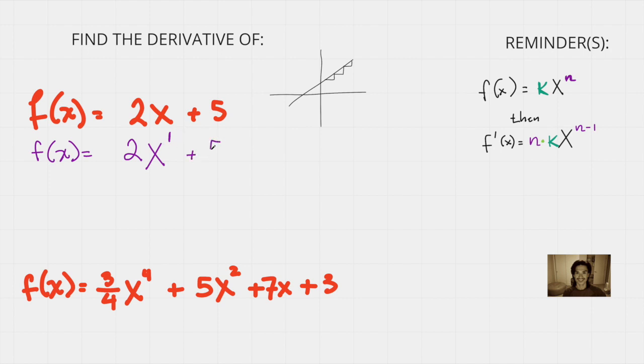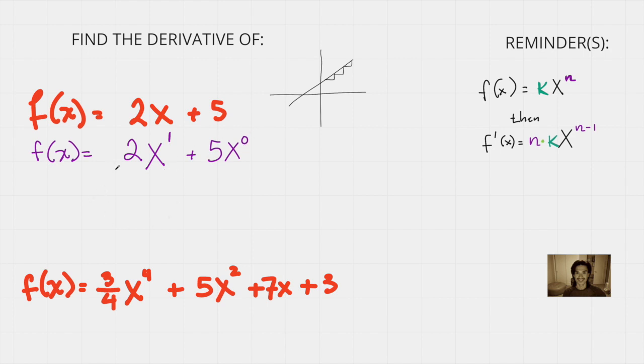Plus 5x to the 0. And the reason we say it to the 0 is that any value to the 0 is 1, except for 0. Obviously 0 to the power of 0 is an indeterminate form. But in this case, that's why we get 5, because x to the power of 0 is 1, so 1 times 5 is 5.